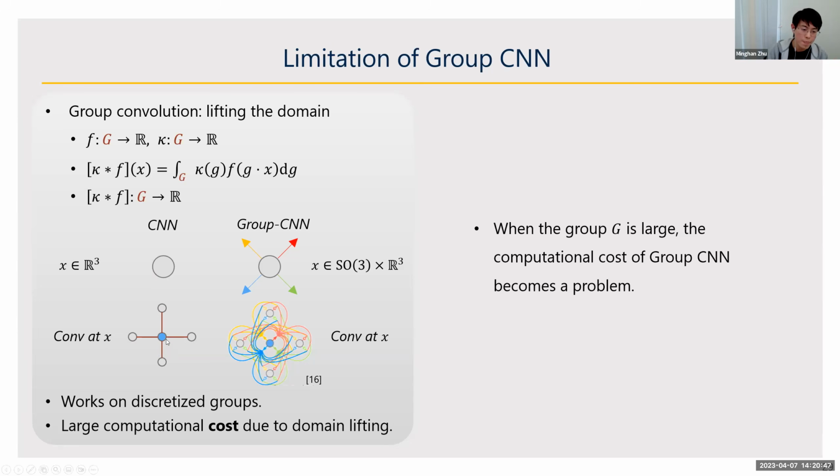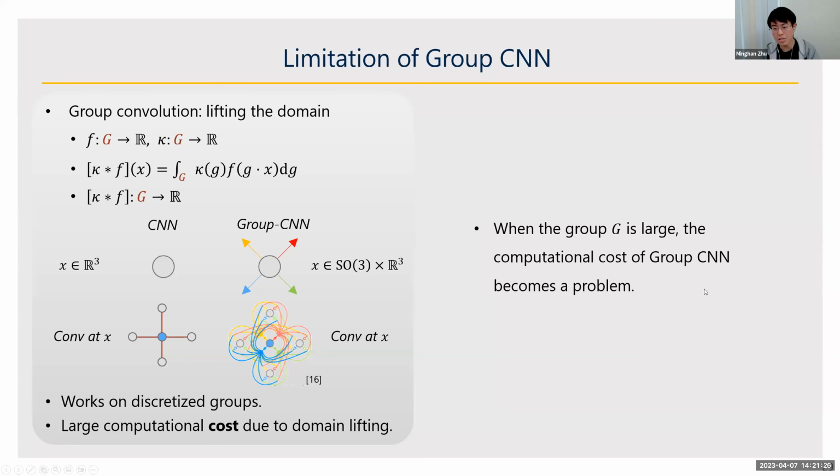However, for a group convolution, if every point has 4 orientations, then when we communicate information from this point to the neighboring point, there are many more connections to build. Every curve here connects the orientation of one point to another orientation of another point. This causes a lot of computational cost due to the domain lifting issue.